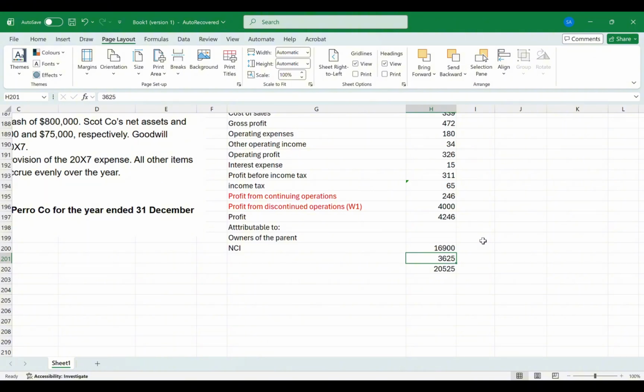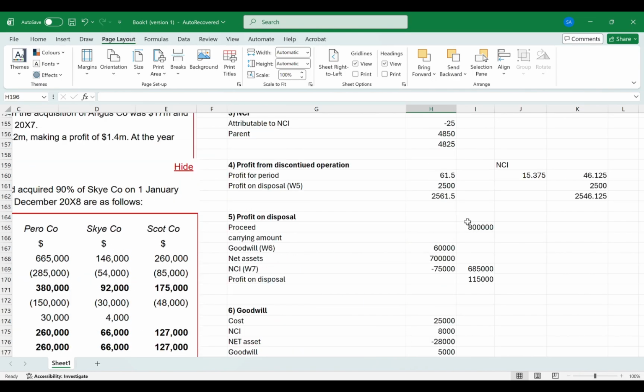And what is the profit that is remaining here? This is the amount that you have to find out, right? Profit from discontinuing operation. So this one is here, 61,500.